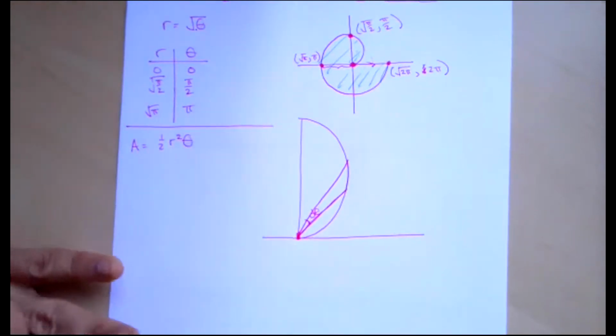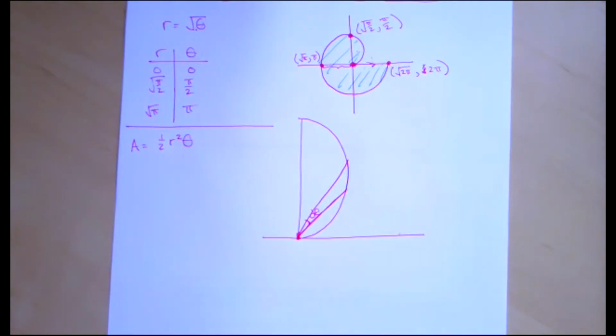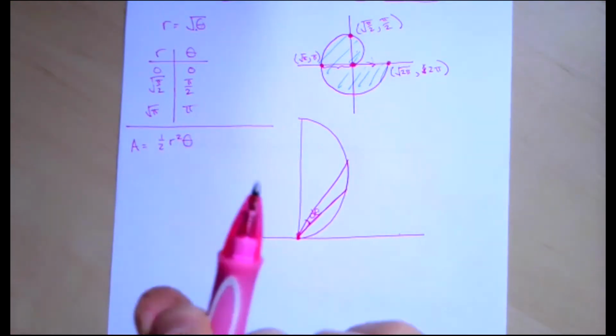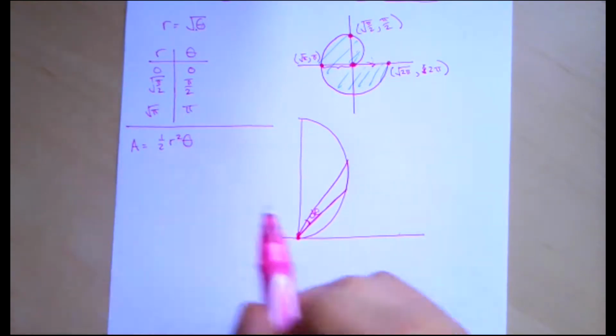And that essentially pi becomes half the theta, half the angle times r squared. Sorry, I think I said the wrong thing. So what is the area of a circle? Pi r squared.